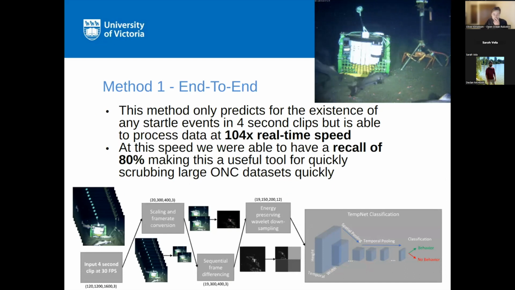So the question from chat: why were we interested in detecting startle responses? I am very much a computer vision person, so I'm sure I don't have the full story, but my understanding is that we were interested in whether or not the lights were affecting the startle behaviors, so when the lights were initially being turned on versus turned off, as well as the interaction with the actual objects that were placed.